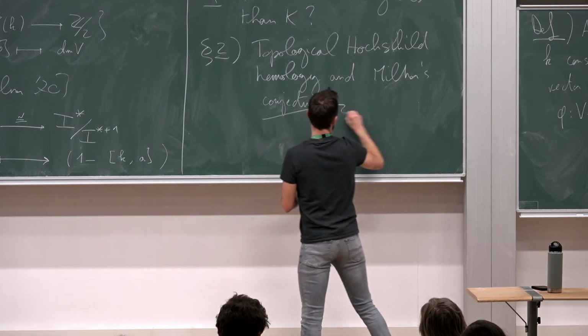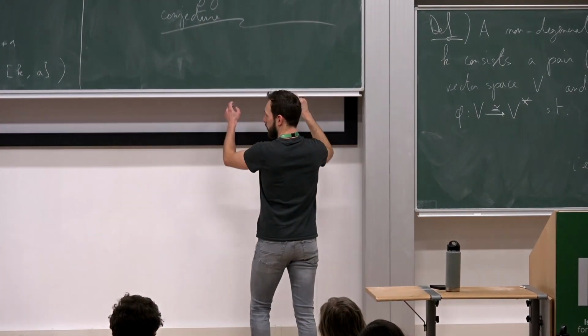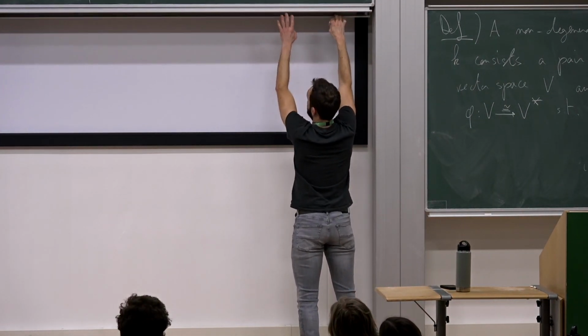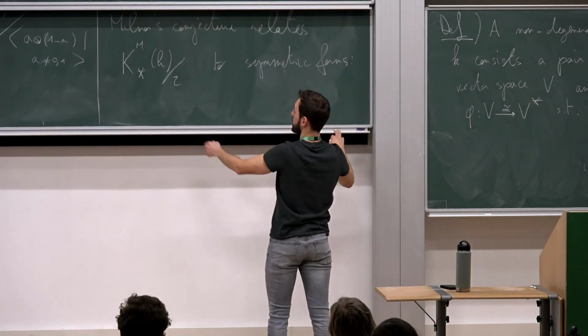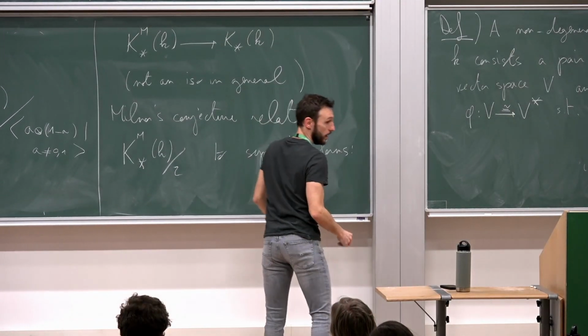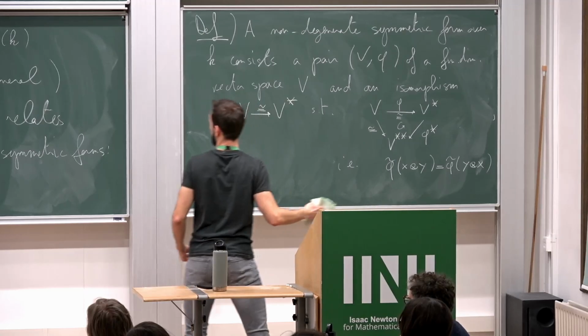I'm going to try to explain that if you run the same type of construction for THH, you're going to end up with the second statement over there. And the proof is going to be way simpler.